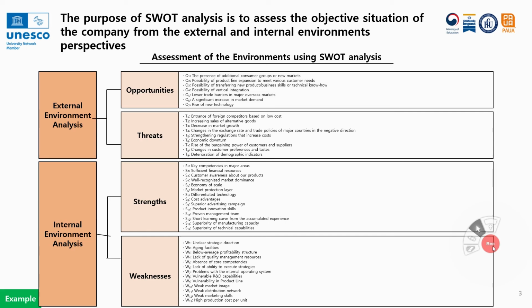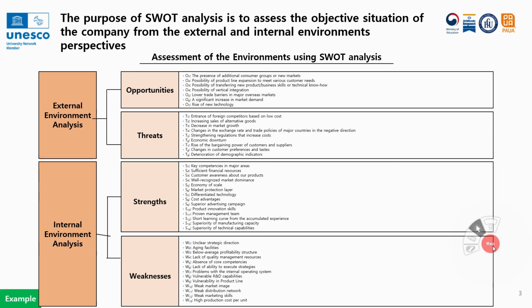Okay, so those are the examples of the opportunities, threats, strengths, and weaknesses. Once again, the purpose of the SWOT analysis is to assess the objective situation of the company from the external and internal environment perspectives.